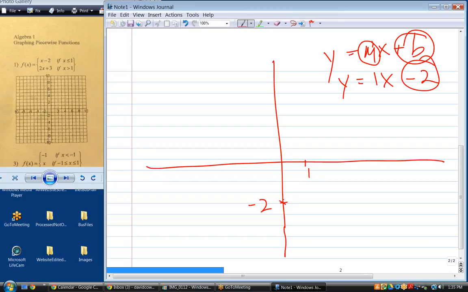So here's my first point of this first graph. And my second point would be up 2 over how much? Or let's go up 1 over how much? 2. Which way? Sorry, to the right. Okay, if we went up 2, I would go over 2. But if I'm only going to go up 1, I'm only going to go over 1. In other words, our slope is 1. That means that ratio has to be 1.